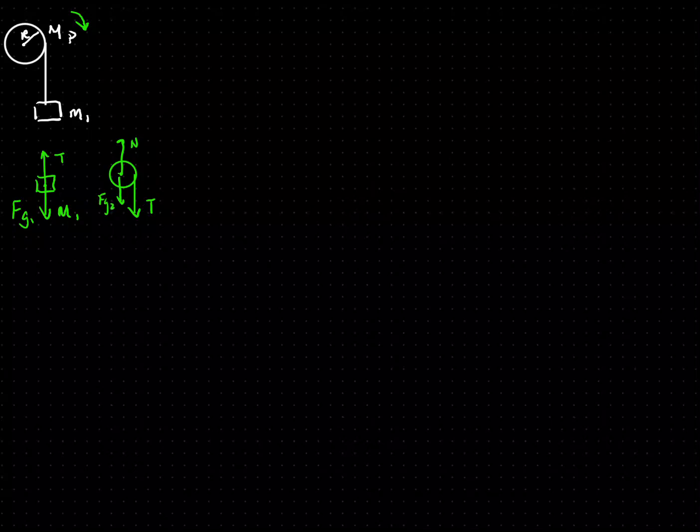So if I write my equation for my mass 1, the direction we're moving, down, is going to be positive. So my sum of Fy is going to be Fg1 minus T equals M1A. And so we need to solve for T. So this is Fg1 minus M1A.